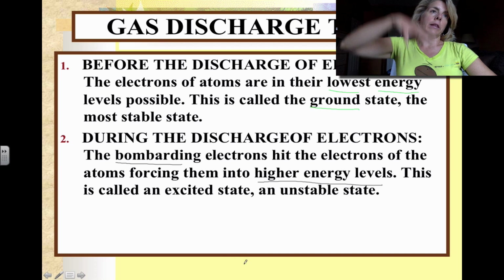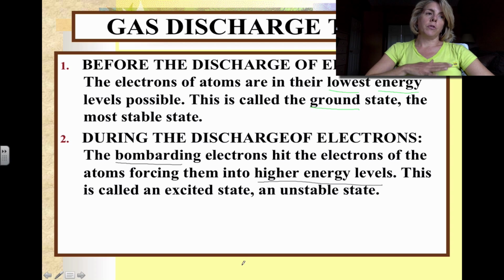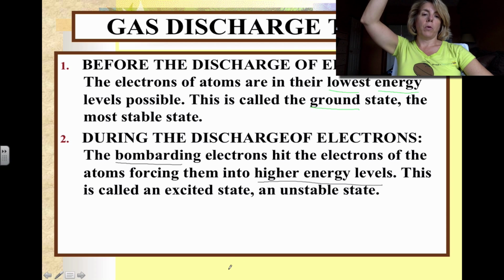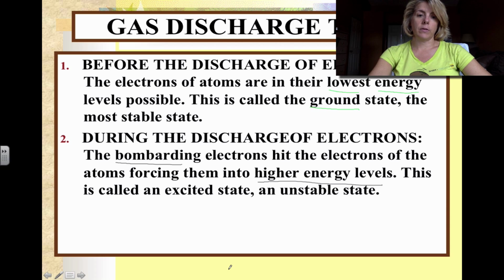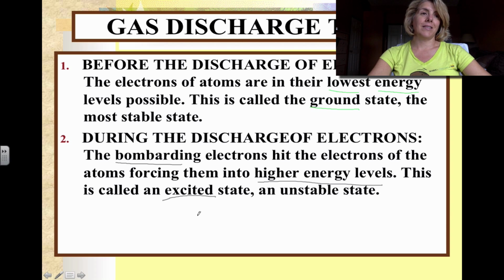So think of it like a ladder. You have the lowest rung of the ladder, which is called your ground state. You electrify these electrons. They move up to a higher rung of the ladder, and they go into higher energy levels. And this is what we call the excited state. So we go from the ground state to the excited state. Now, it takes a lot of energy to go from the ground state to the excited state, and that's why it's unstable.